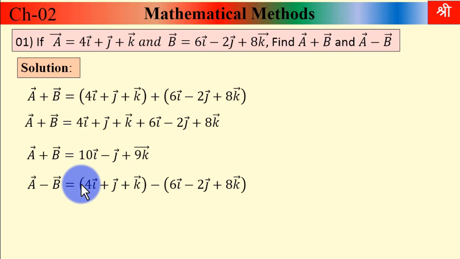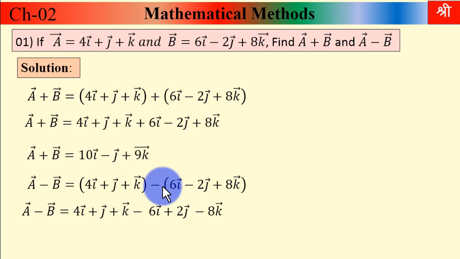Then vector a minus vector b. So we have to subtract vector b from vector a. Vector a is 4i plus j plus k minus vector b, that is 6i minus 2j plus 8k. Now remove the brackets, as there is a negative sign before the second bracket. When we remove this bracket, sign of each term will change. This 6i will become minus 6i, this minus minus becomes plus, so plus 2j, this minus plus becomes minus, so minus 8k.